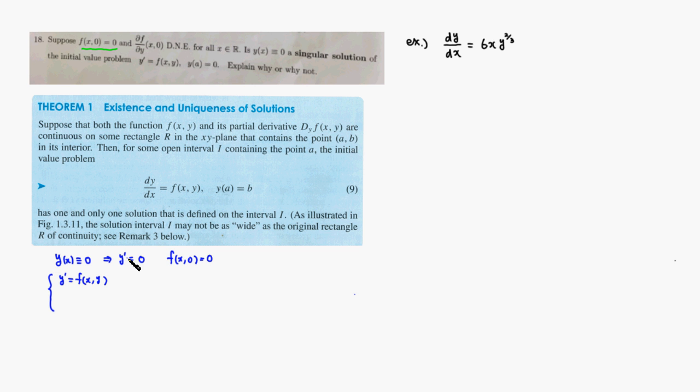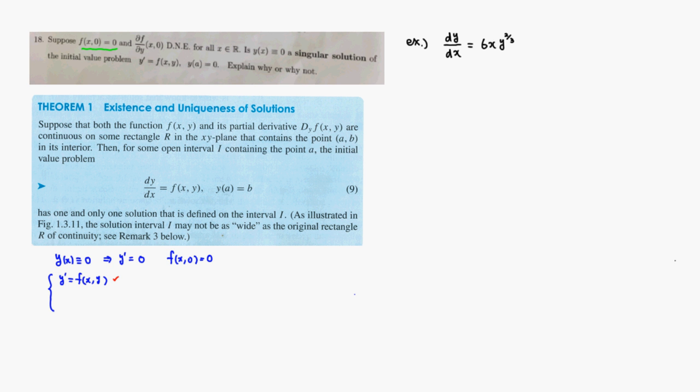So you can see that if y equals 0, the left-hand side and the right-hand side of the differential equation are both 0. So we know that it satisfies this differential equation, at least.